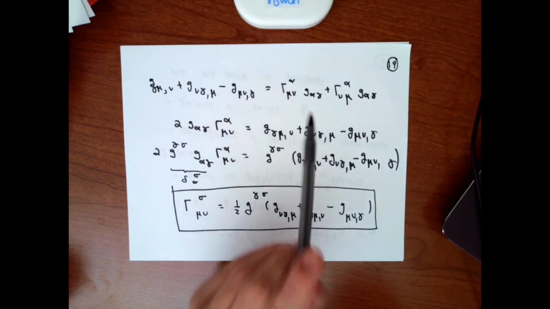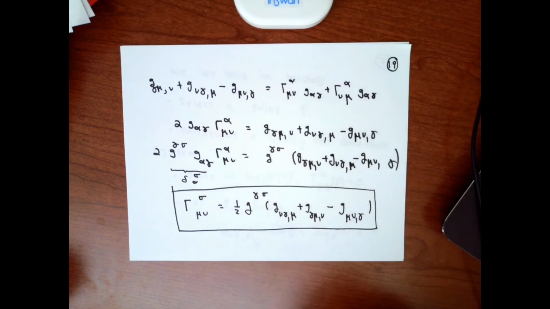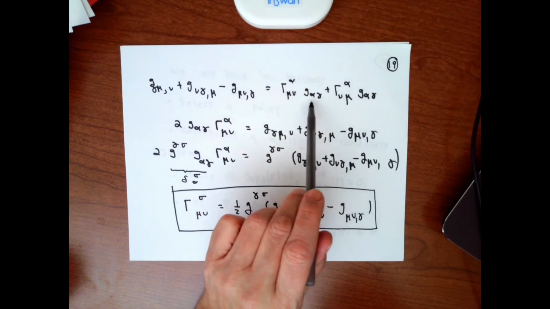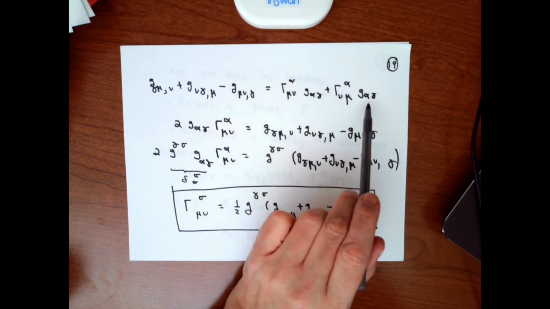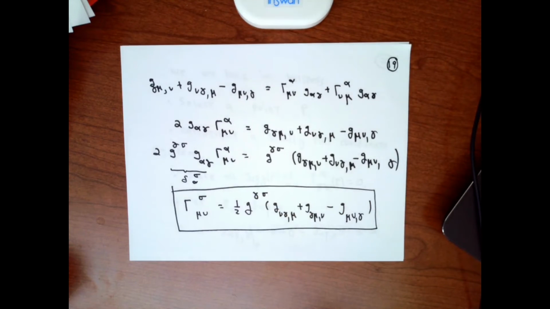Over on the right, I have mu and nu, nu and mu. Because of the symmetry on the lower two indices of the Christoffels, those index pairs are the same. Upstairs alpha, downstairs alpha. Gamma, gamma. The two terms over on the right are the same.